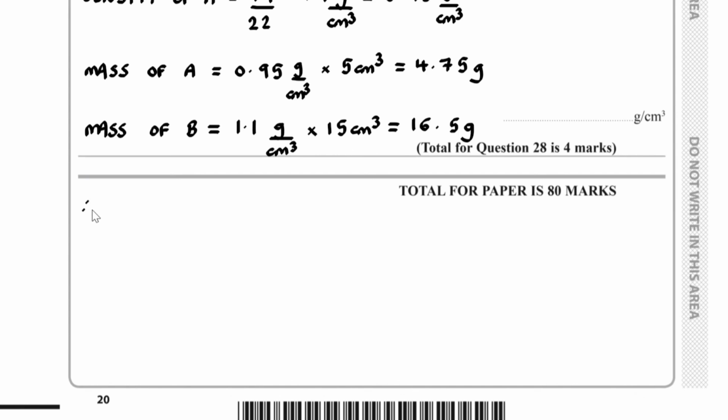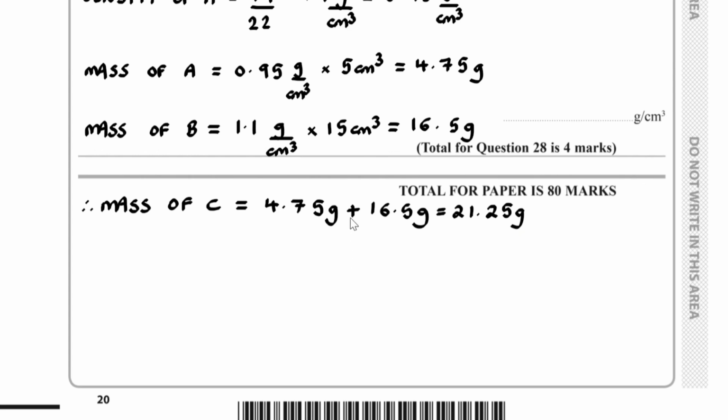So therefore, for the mass of C, we would have 4.75 grams plus 16.5 grams, and it turns out here we get 21.25 grams.